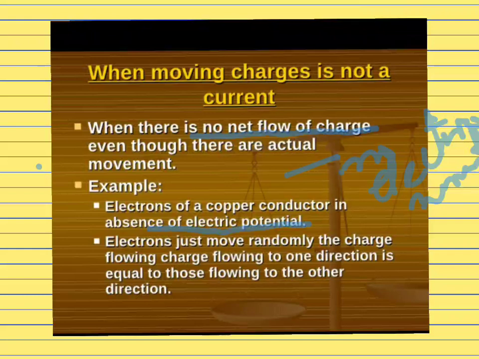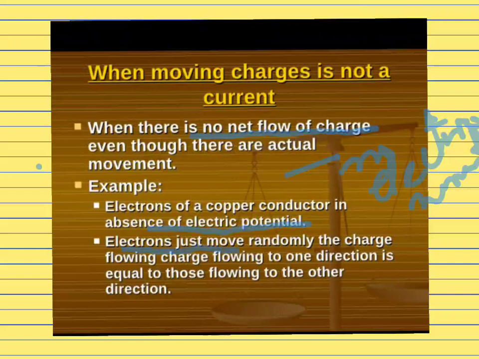They are randomly flowing. As a result, the electric current produced by different electrons will be nullified by those electrons that are moving in the opposite direction. As I already said, the flow of electrons must be in a particular direction.